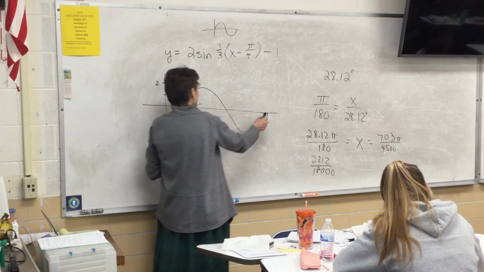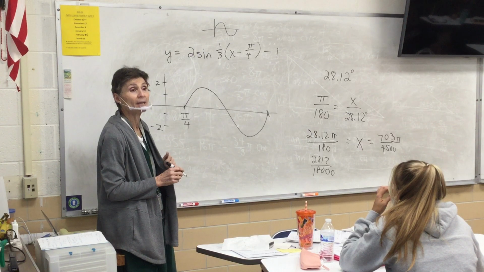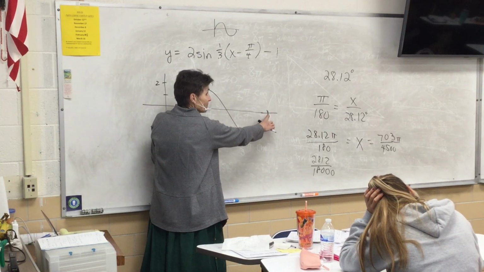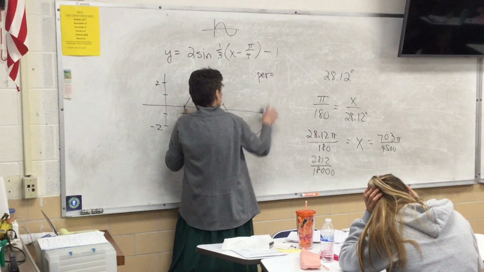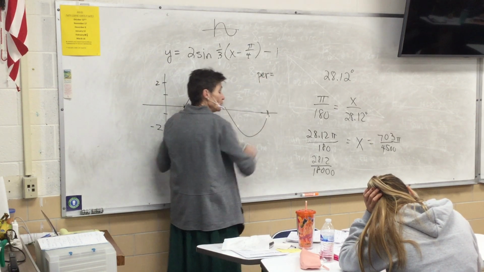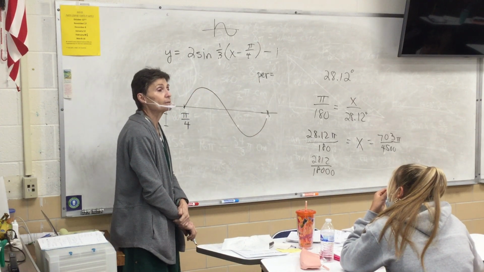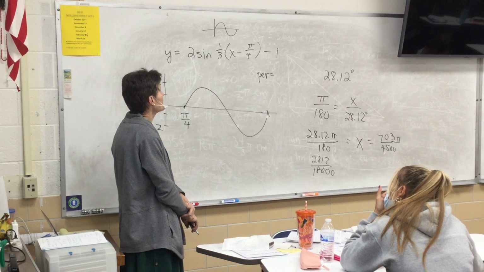And now I need to know my period, because that is the only way I can find my end point. I need to know how far it is between my fingers. The distance between my fingers is the period. Who remembers how to find the period of a sine, Ben? Would it be pi over 4 divided by 1/3?